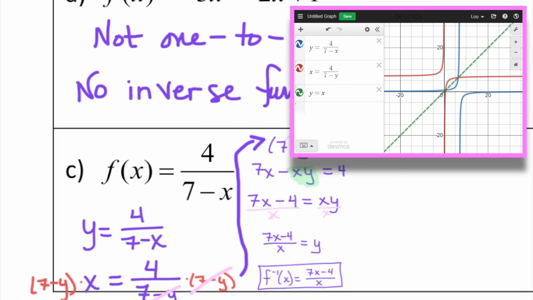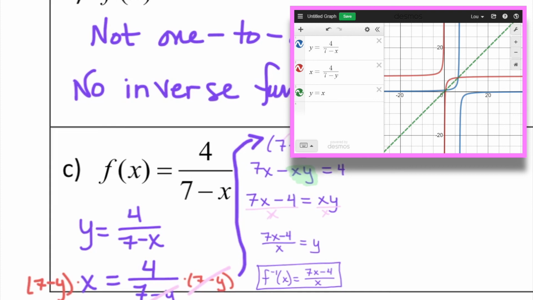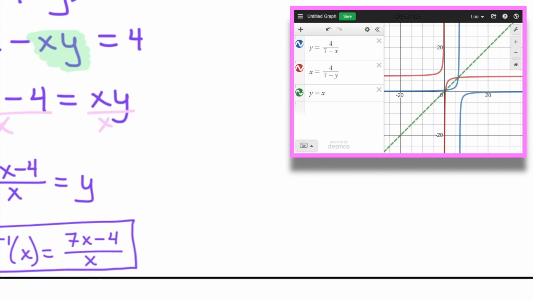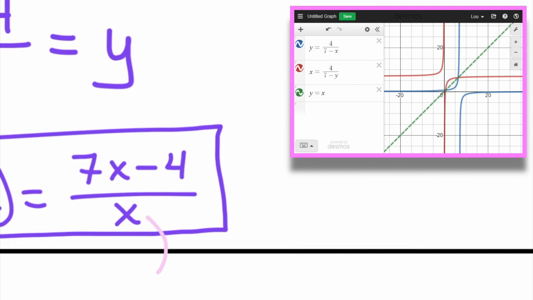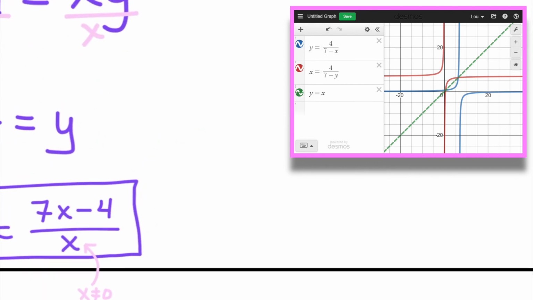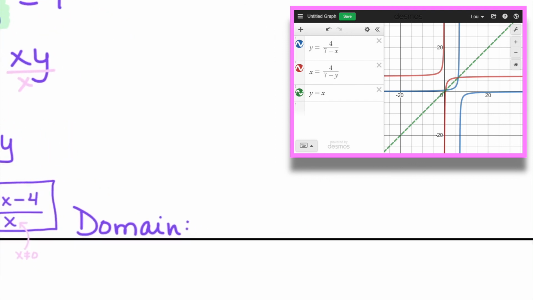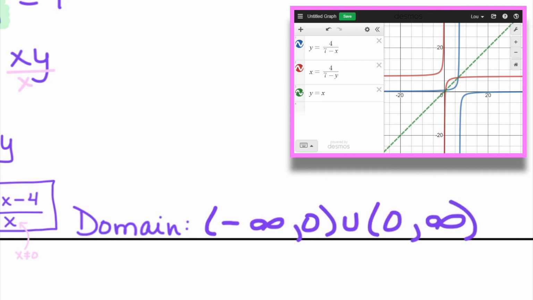Remember that you are being asked to find the domain for each of these problems if a function inverse exists. And so here, because you've got an x by itself in the denominator, x cannot equal 0, and therefore your domain will be negative infinity to 0, not including 0, and then 0 to positive infinity.